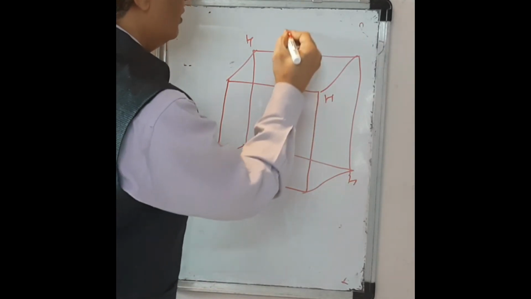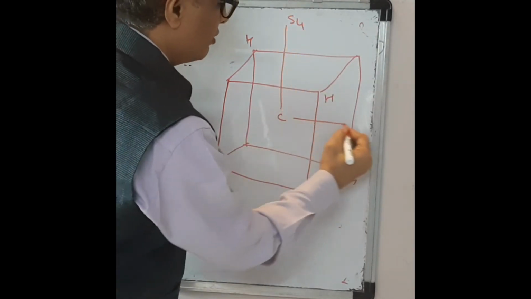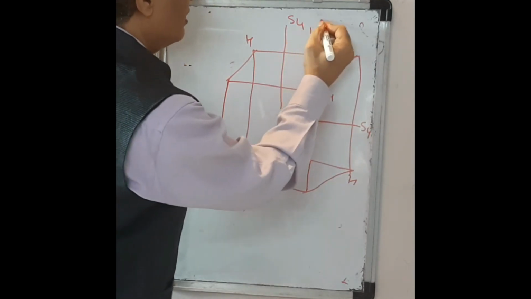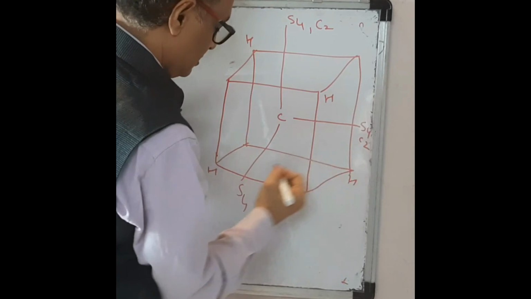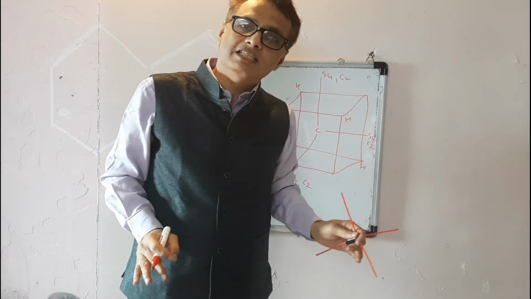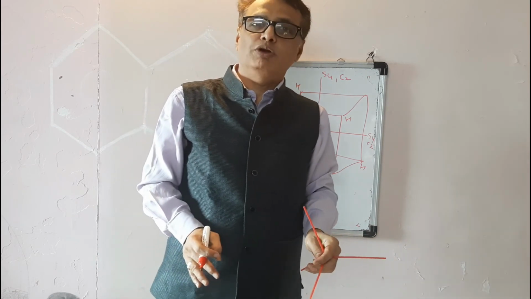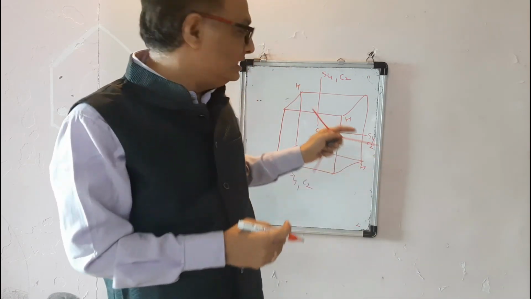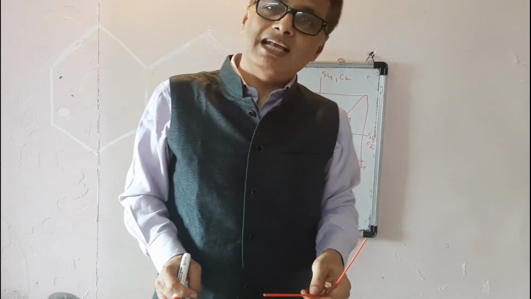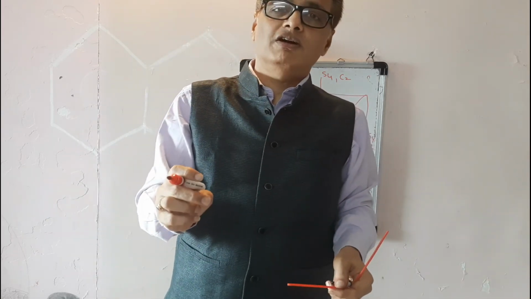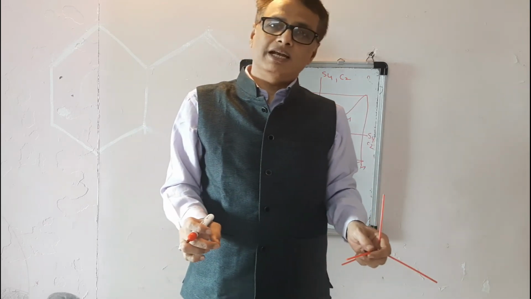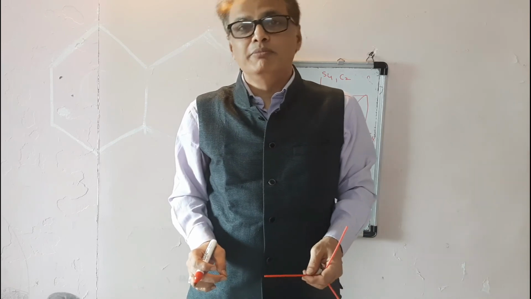So there are three S4 axes collinear with X, Y and Z axis. There are three C2 axes. This we have already discussed in improper rotation axis. So if you are not able to understand these three S4 axes and three C2 axes collinear with X, Y and Z axis, then you must refer to video number 3 in order to understand the improper rotation axis in the methane molecule.